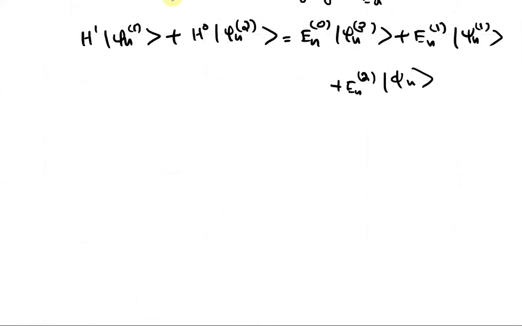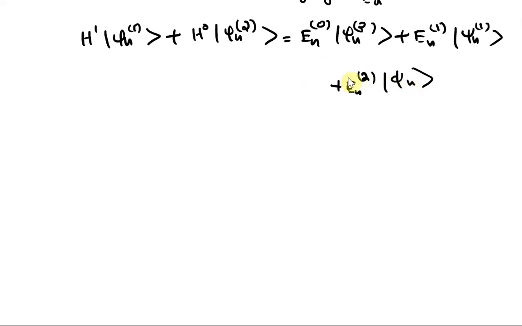Okay, so for finding out the first order correction in energy, we multiplied the entire equation, not this equation, the previous lambda power 1 expression, with the phi n, and a term came where you have En1 multiplied with phi n.